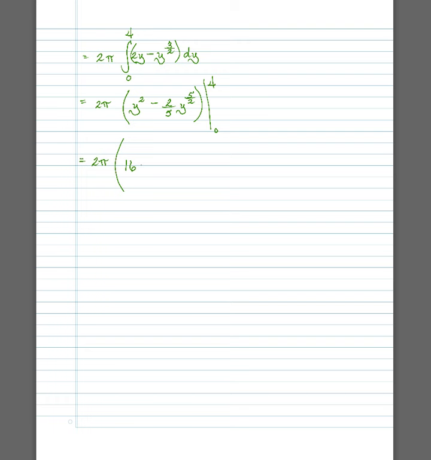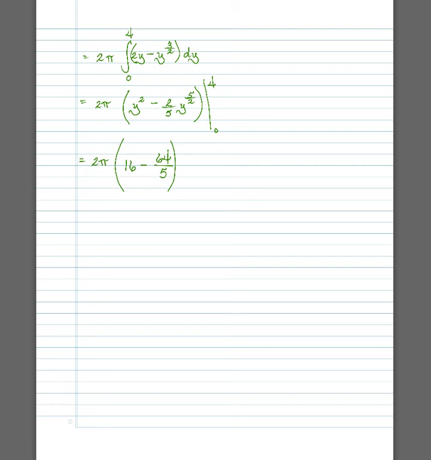So we get 64 fifths. Let me make sure I did that right. 4 to the 1 half is 2. 2 to the 5th is 32. 32 times 2 is 64 over 5. So we get 64 fifths. And then if you subtract 0, those other terms go away. So we get this expression here.